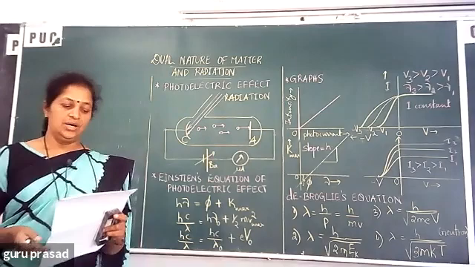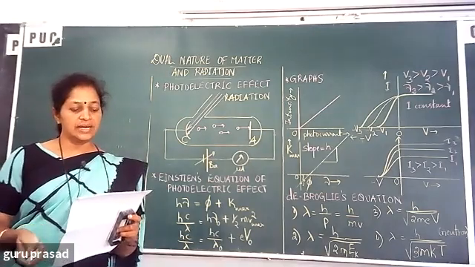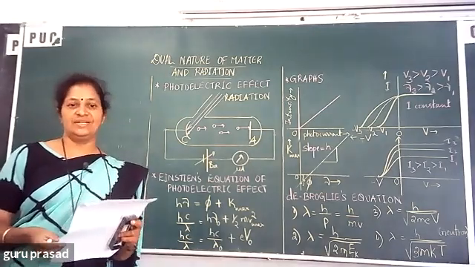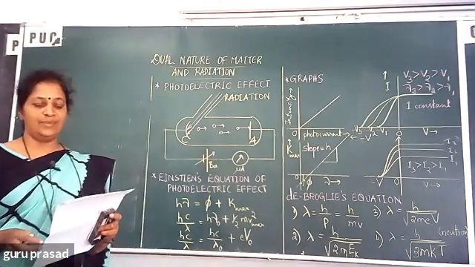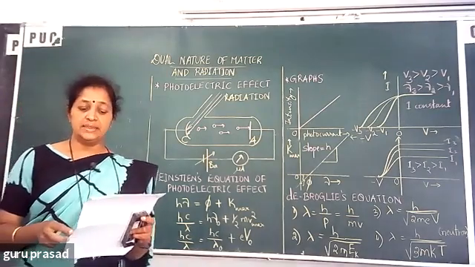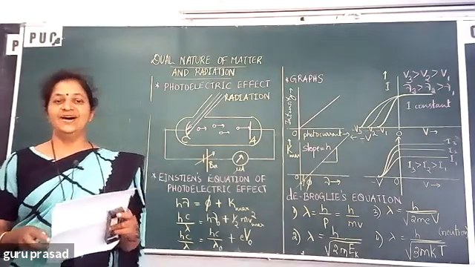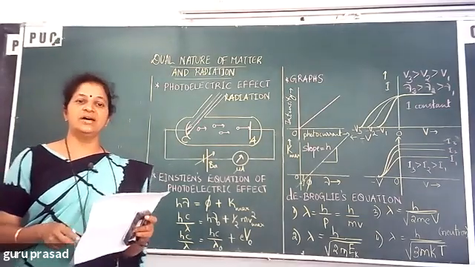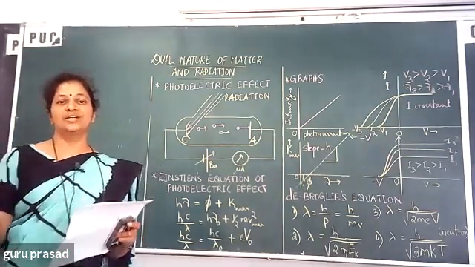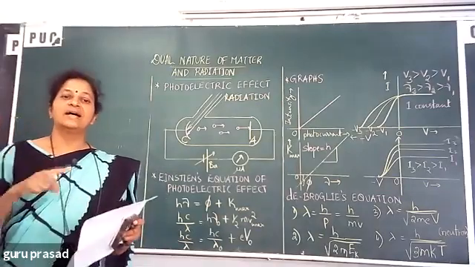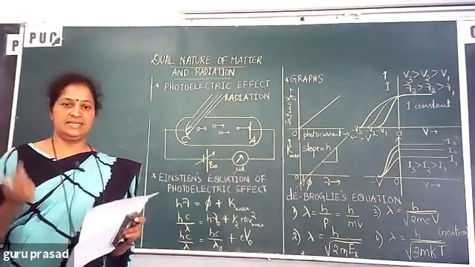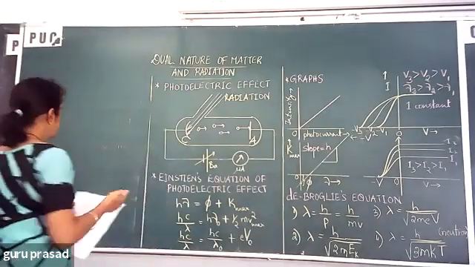That is also wrong. So current does not depend on frequency. Current will never depend on frequency, but it depends on the intensity of light. Current is proportional to intensity, I proportional to I. So the first one is C.